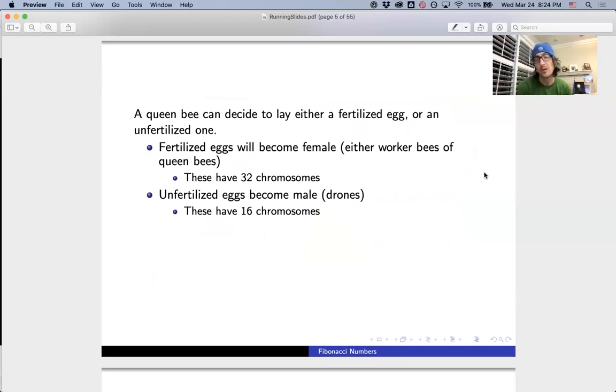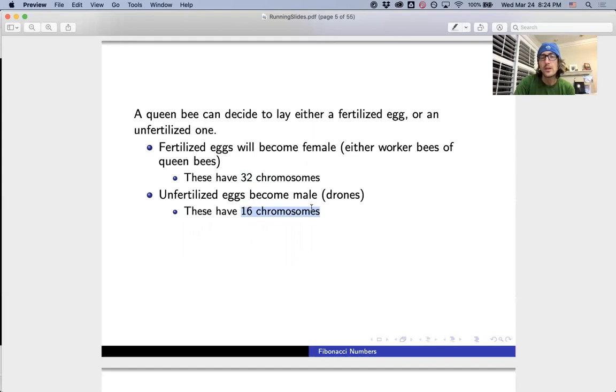If you remember your basic biology, the way that sexual reproduction works is that you have chromosomes, you get some from the mother, some from the father, and they combine. So a fertilized egg is going to have 32 chromosomes, and the unfertilized eggs are going to have 16 chromosomes.